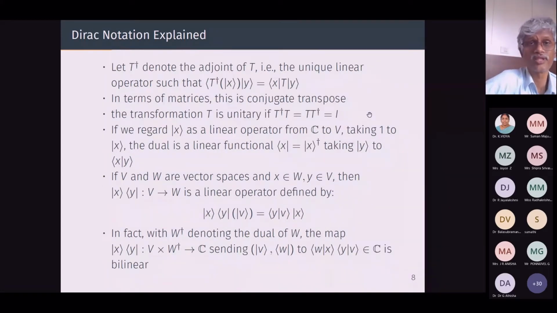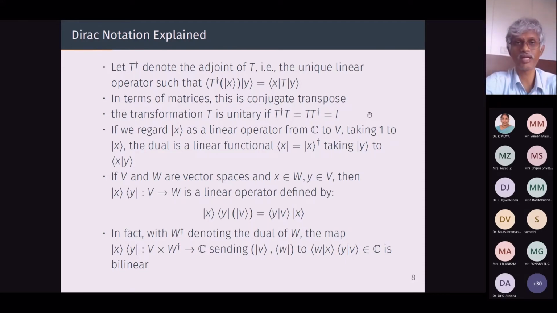Now, the next thing we have to learn is about the adjoint. We said that V star is the set of all linear functionals, so we can talk about V star star. In basic linear algebra, we learned that between V and V star star there is a canonical isomorphism.